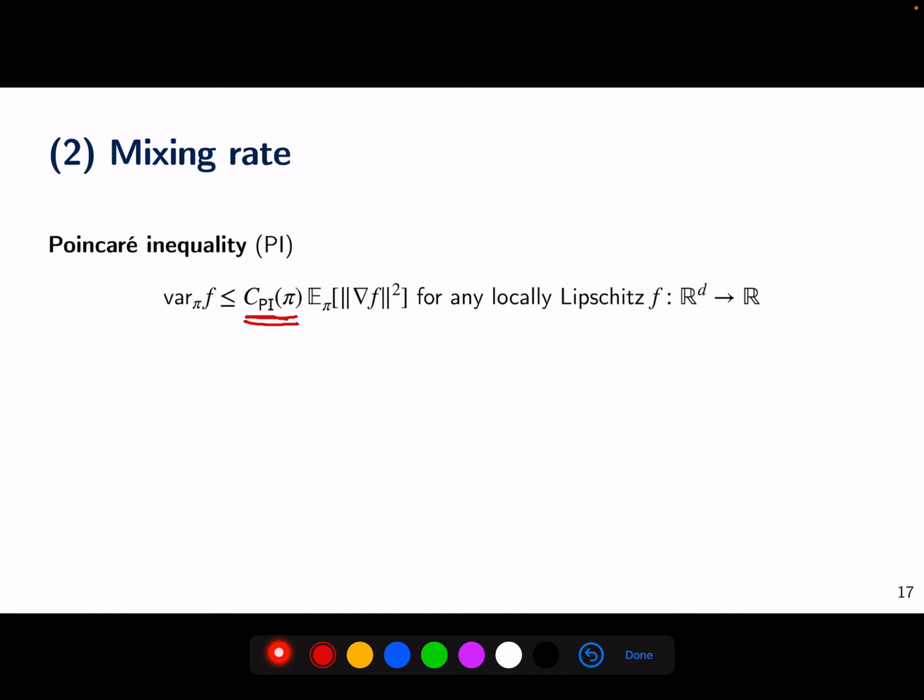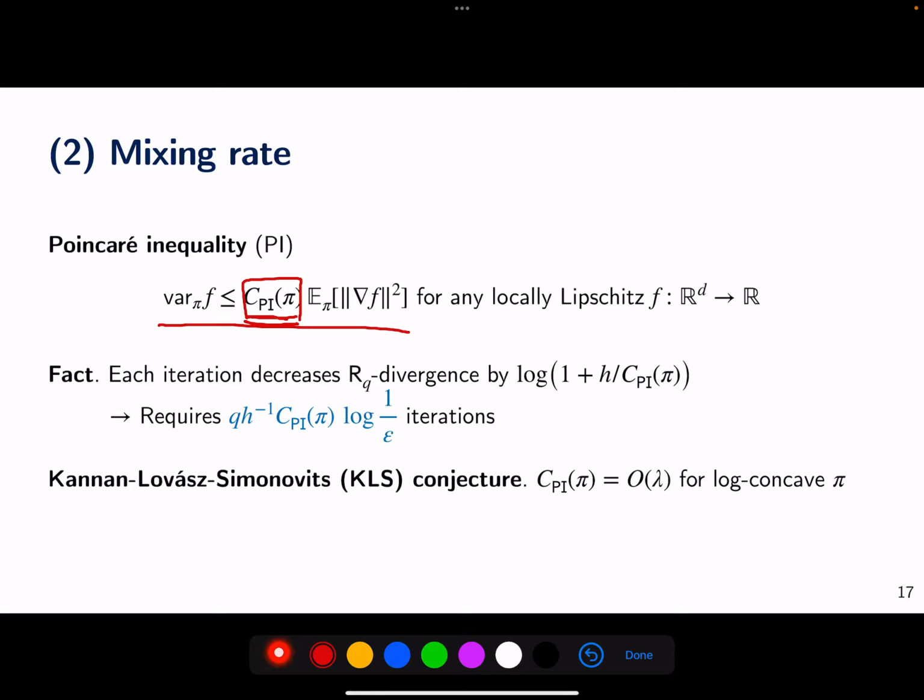This Poincaré constant is defined as the smallest possible constant that makes this inequality satisfied for any test function, like this locally Lipschitz function. The well-known result about this In-and-Out sampler, or proximal sampler in general, is that each iteration of In-and-Out decreases the Rényi divergence by this much. In order to make it smaller than epsilon, we can do simple algebra to show that this many iterations are enough.